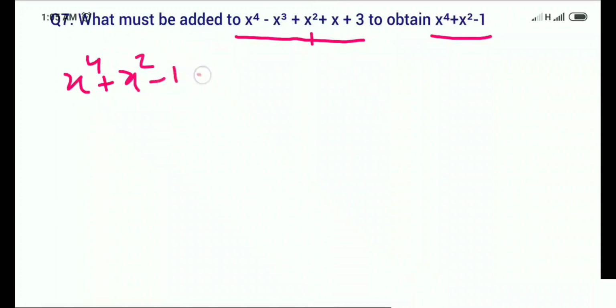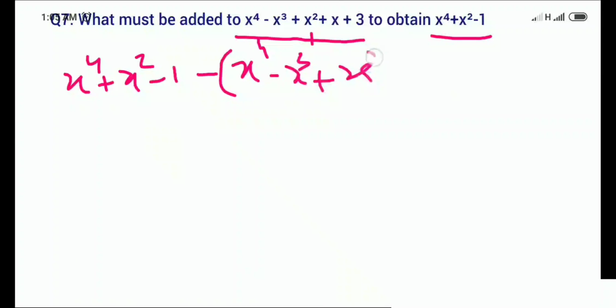Give a minus sign for subtraction and then write inside the bracket the equation which has to be subtracted, that is x to the power 4 minus x to the power 3 plus x to the power 2 plus x plus 3.